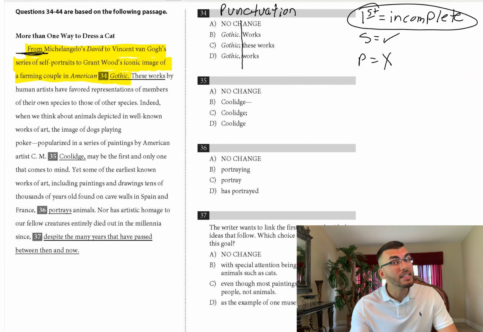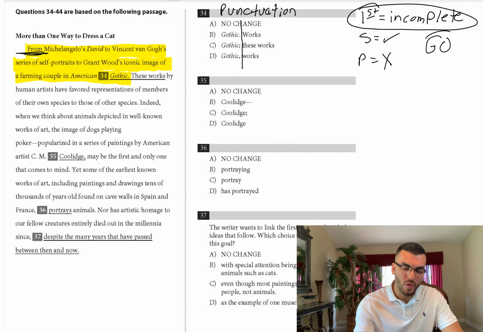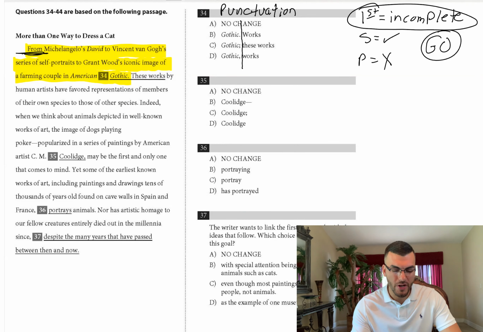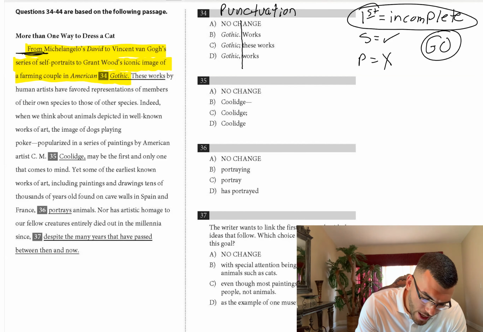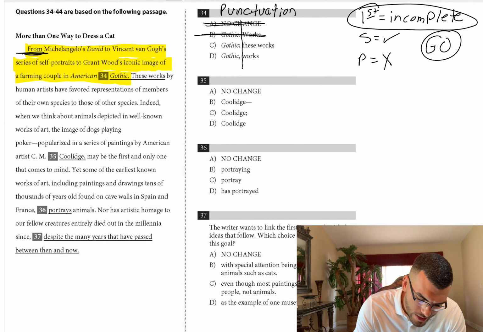So if the first sentence is incomplete, what category of punctuation are we automatically limited to? Go punctuation. We know we need go punctuation. So choice A is stop punctuation. Choice B is stop punctuation. Choice C is also stop punctuation.